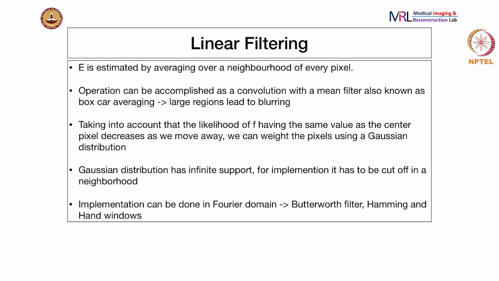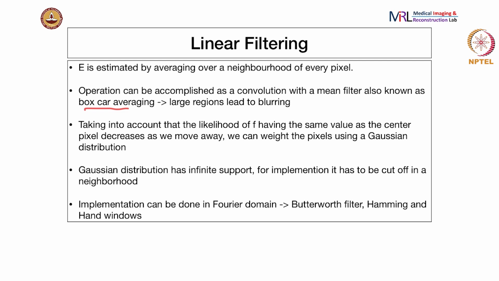One thing you're all familiar with is boxcar filtering. If you have an image, we take a very small patch of that image and assume that all the pixels in that patch have the same value. Then we replace the center pixel of that patch by the mean of all the elements in the patch.